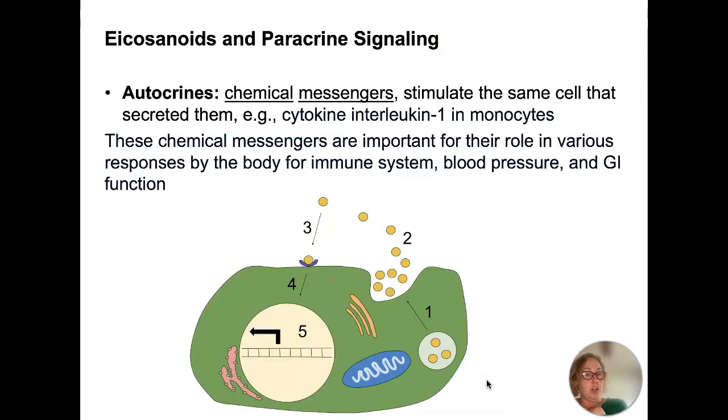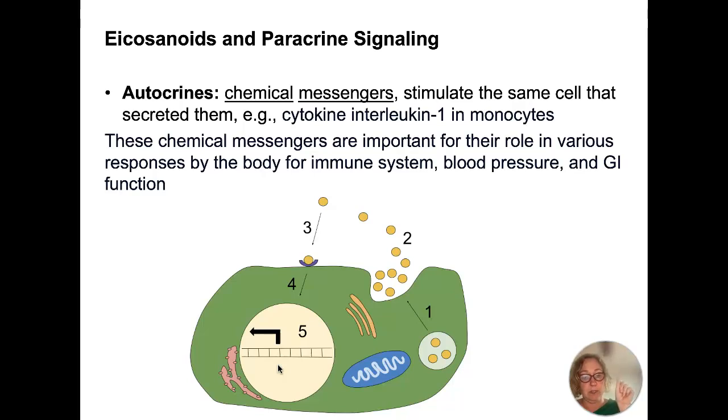Autocrines. These stimulate themselves. So it is here and it releases and then it absorbs back into the receptor. And I know it sounds crazy, but there's a lot of these that do this. So these chemical messengers are important for roles in blood pressure, in your stomach function, in your immune system, right? It happens. There are autocrines.